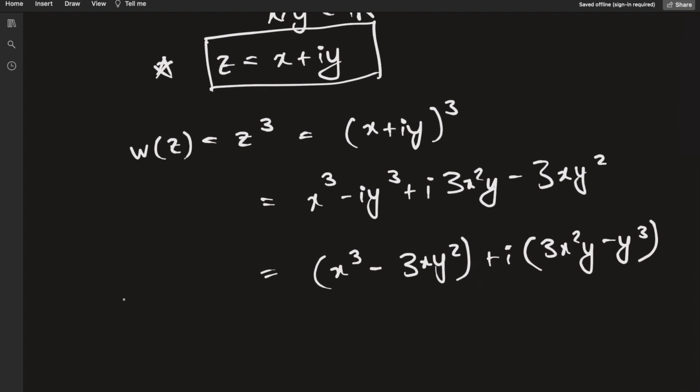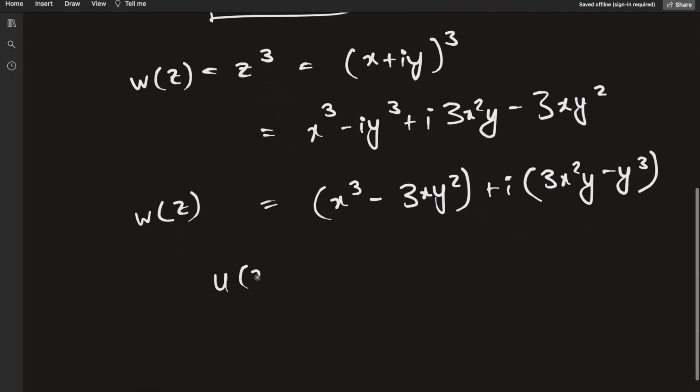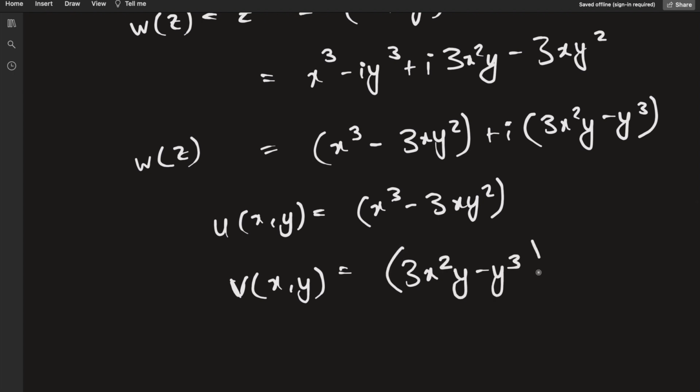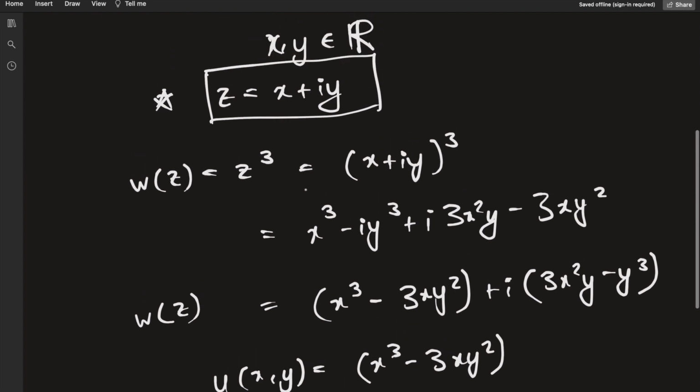You see w of z is precisely of the form that we predicted, because in this case u of x and y is the real part, x cubed minus 3xy squared, and indeed it's a function of x and y. v of x and y is the imaginary part, 3x squared y minus y cubed, and again it is a function of x and y. So you see how this works, and you can extrapolate to other functions.